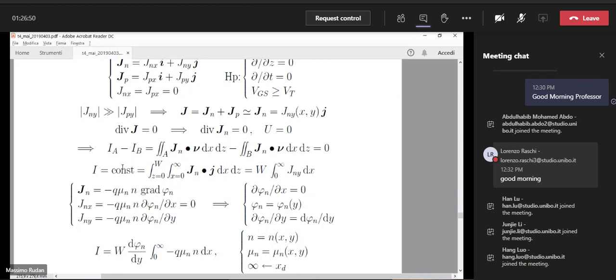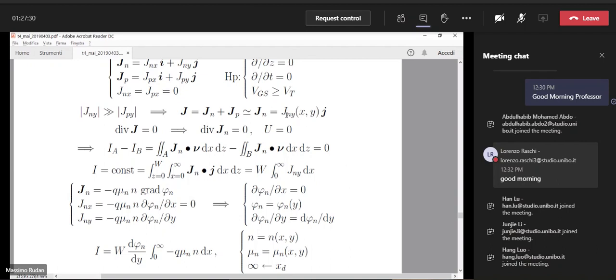Now we have to calculate this double integral, but of course, since there is no dependence on the z coordinate, the integral with respect to z is simply multiplication by w. So we see immediately that the drain current of the MOSFET is proportional to the width of the channel, as everybody knows.